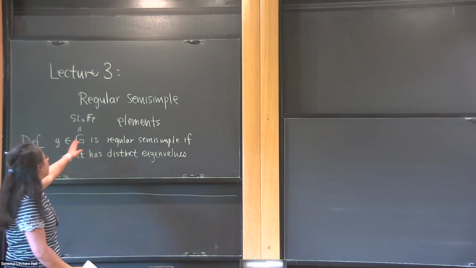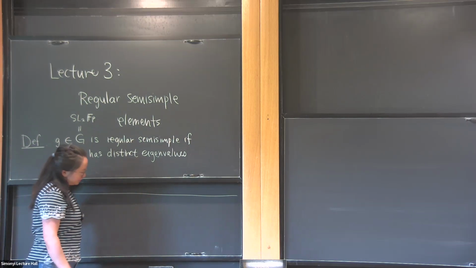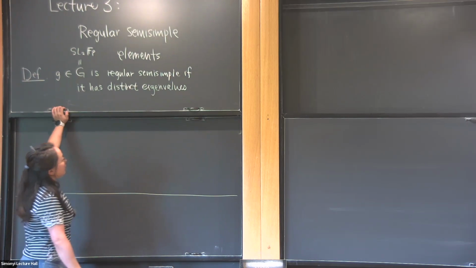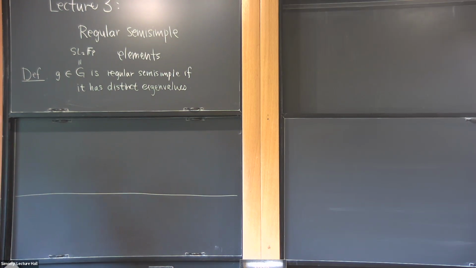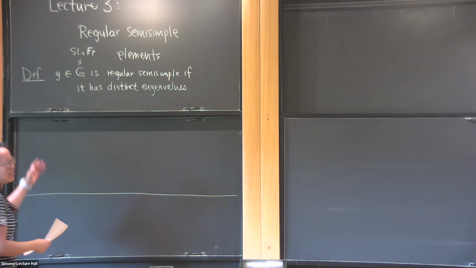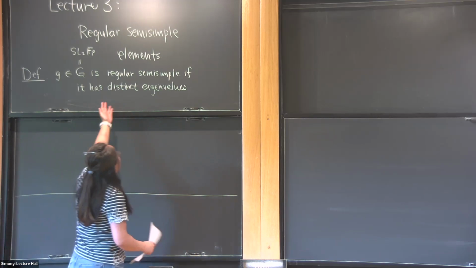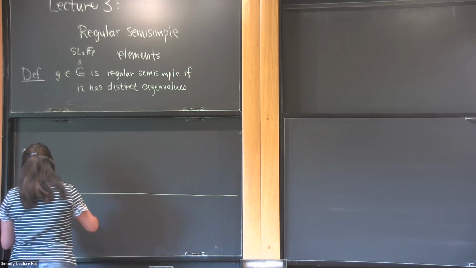This also works if you change Fp to any other field. In fact, for SLn, GLn, this is also the same definition. In general, it is the same definition for the correct interpretation of distinct eigenvalues.